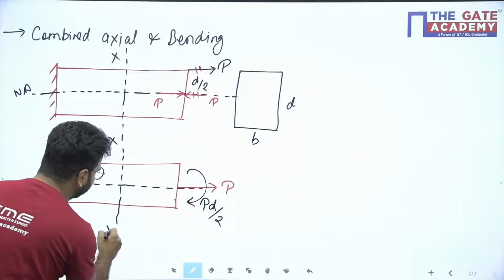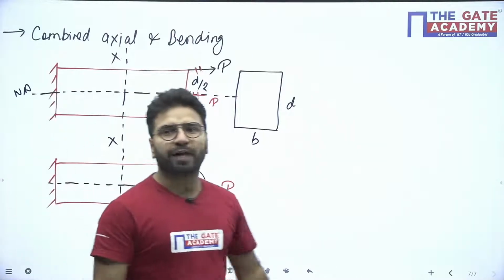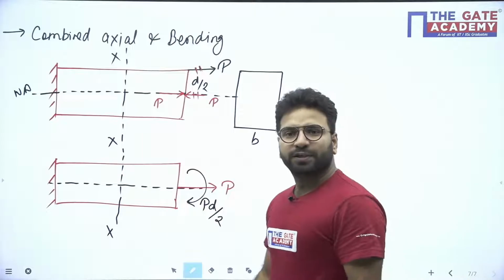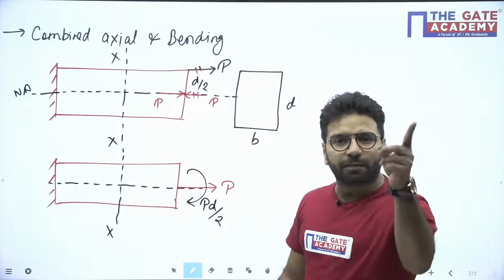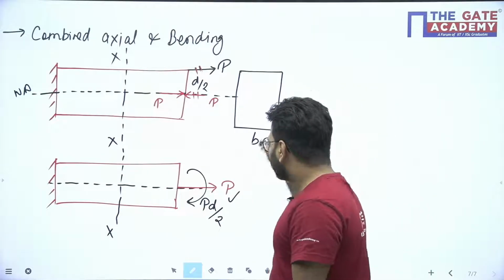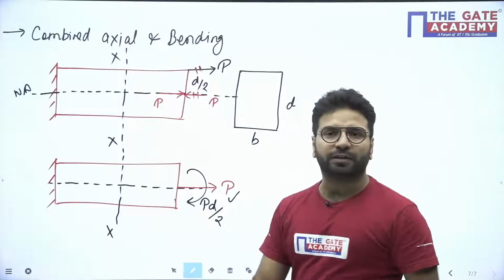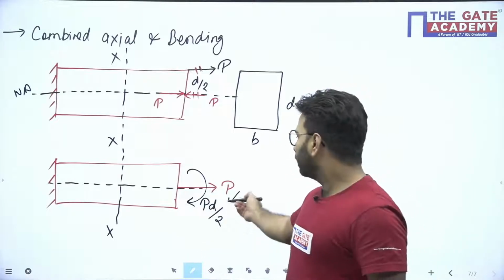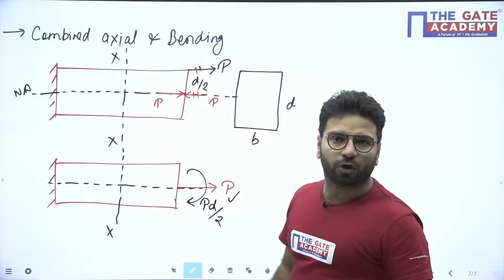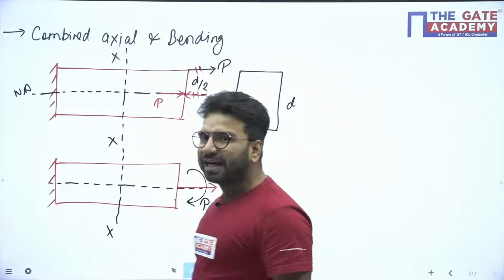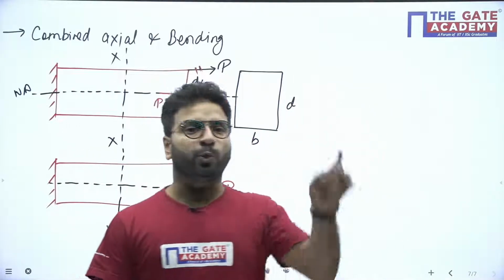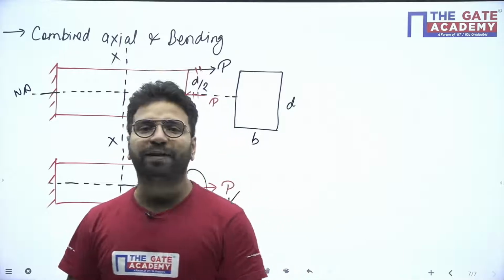If somebody asks you to calculate the stress at section XX, it means you have to consider the effect of P and also the effect of bending moment. At section XX the stress will come due to axial force as well as bending moment.